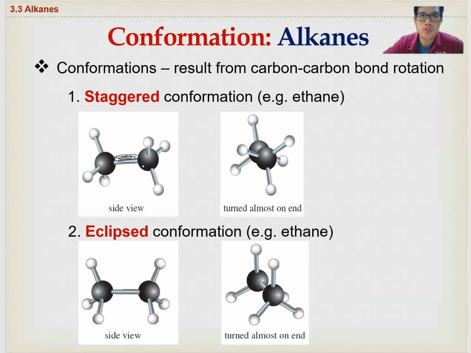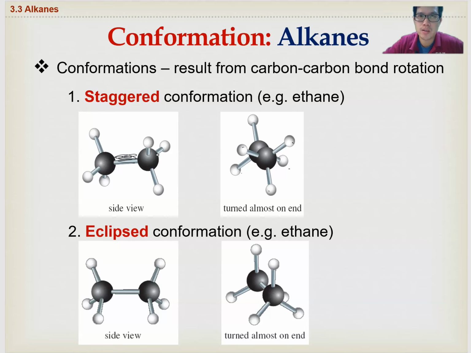How you differentiate between staggered and eclipse is when you view it in a wheel-like way, from this direction. When the hydrogens are exposed, you can actually see 6 of the hydrogens here.